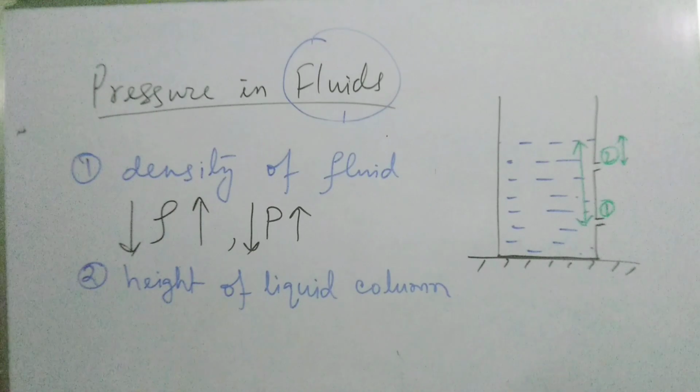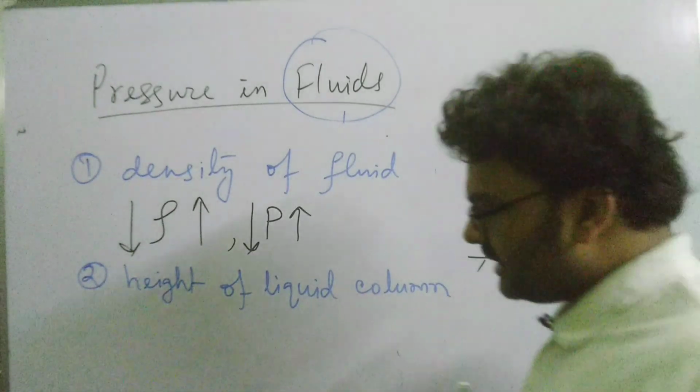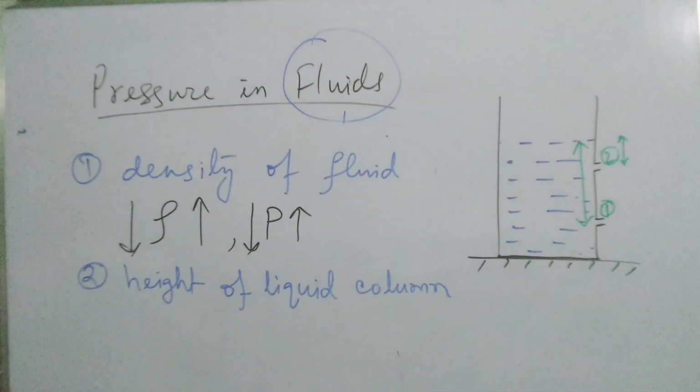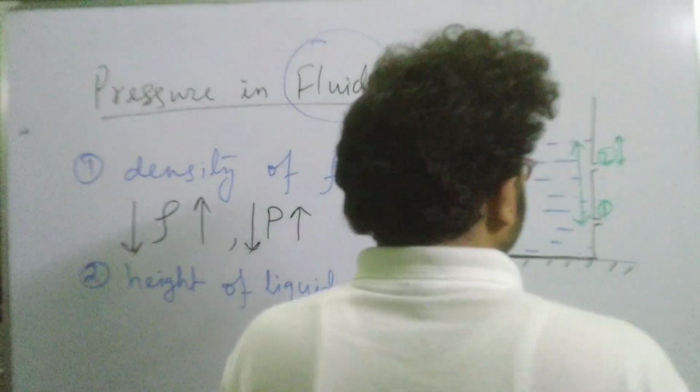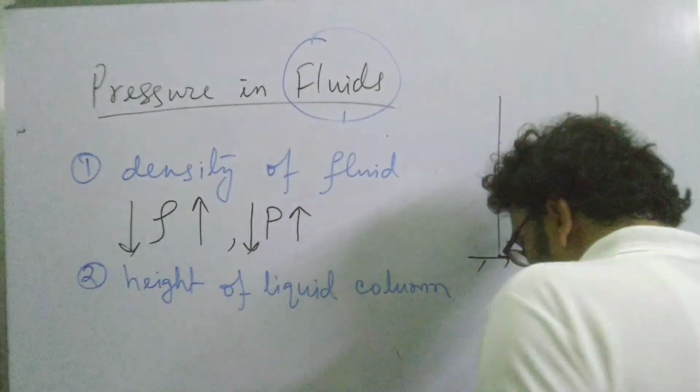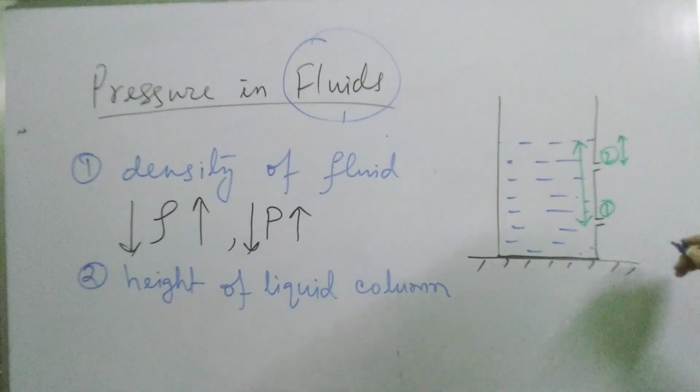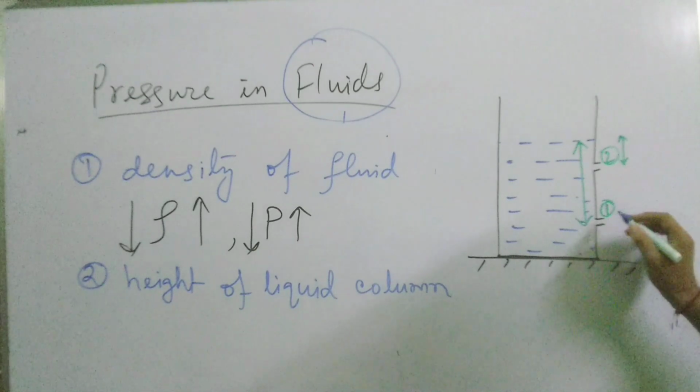The height of the liquid column above point 2 is less in comparison to the height of the liquid column above point 1. Now it has been seen that from these two exit points, two holes, what happens? Water comes out with a greater pressure from point number 1.